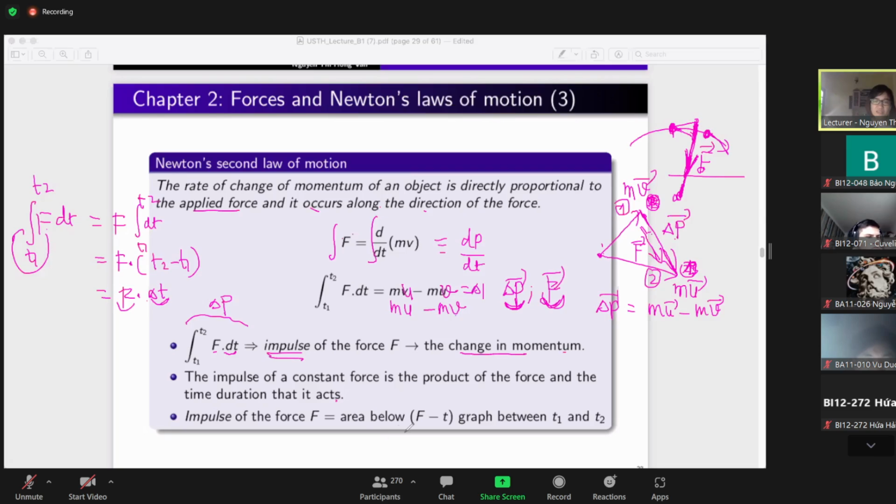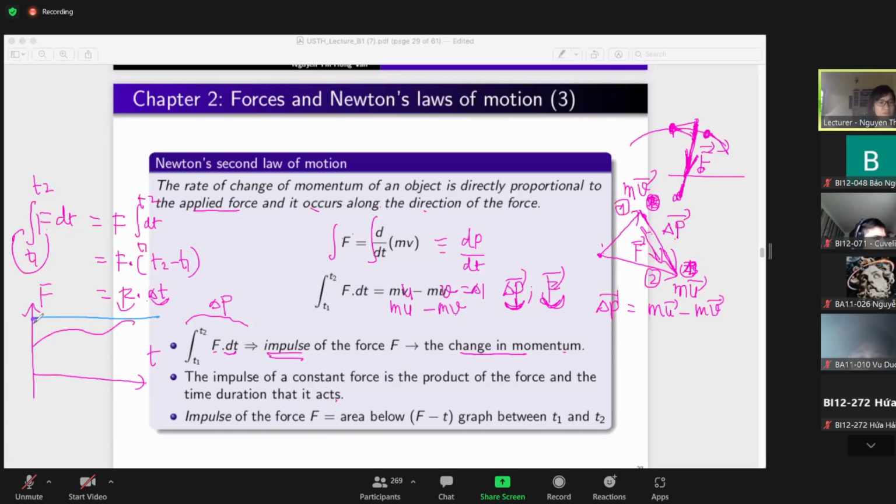In the case that F depends on time, what happens? So you have the graph of F depending on time. For example, F now changes with time. If F is constant with time, you have this line.